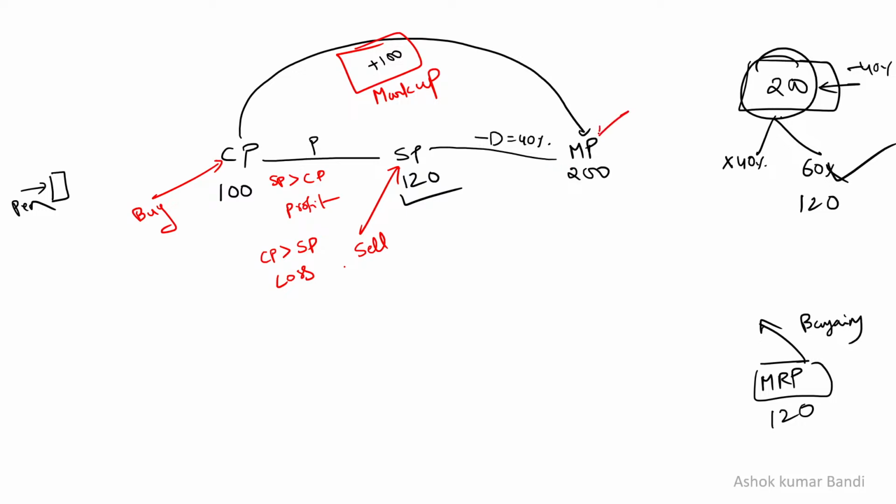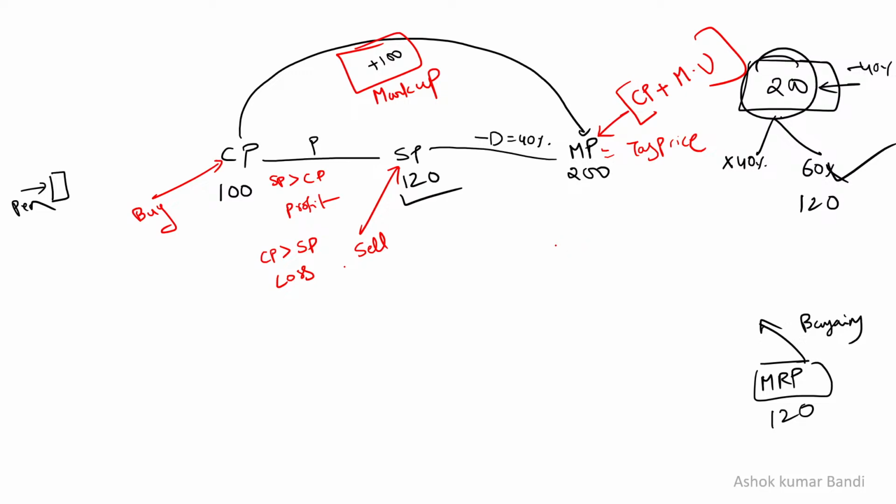Now coming to market price. Market price is your cost price plus how much you want to add extra, that is markup. You are going to call it as tag price or MRP, whatever you want to call. So whatever the price that is there on the product, we are going to call it as market price. But what generally happens here is, in order to attract the customers, even though the market price is 200, generally the seller will offer some discount.